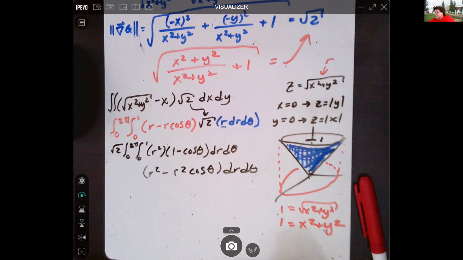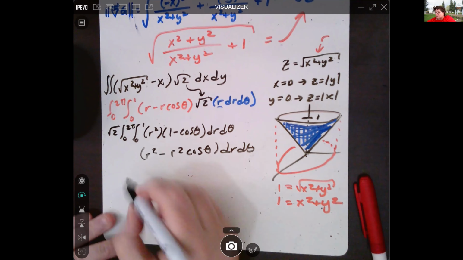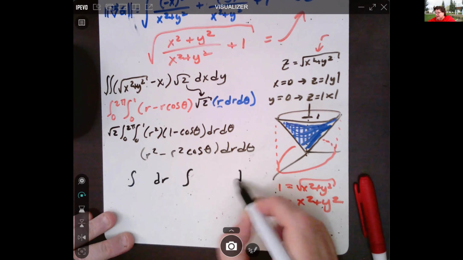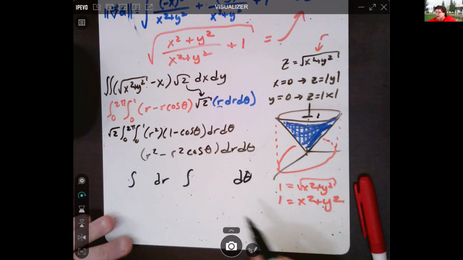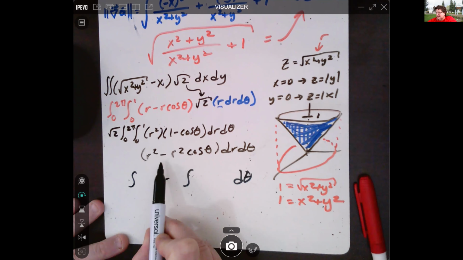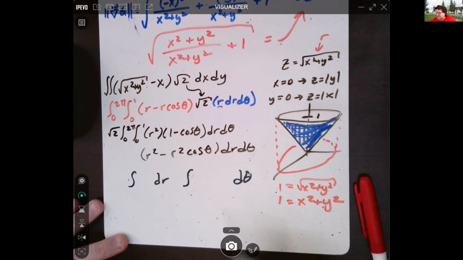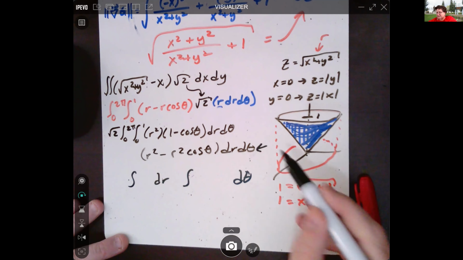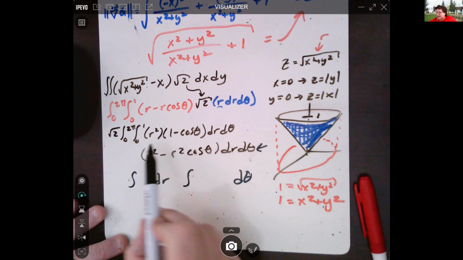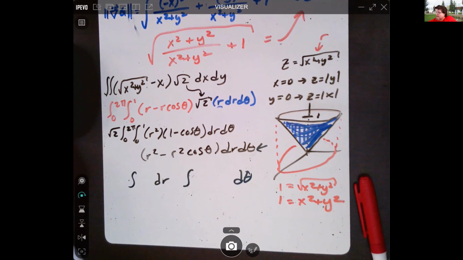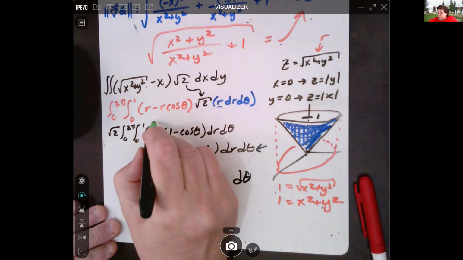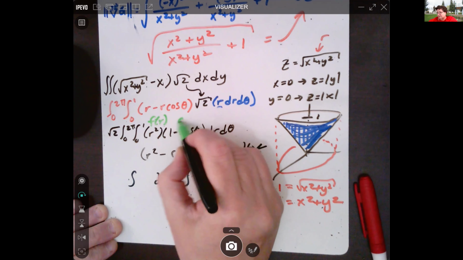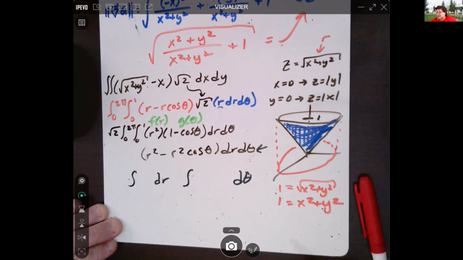When one of these I can write as a function of dr and a function of d theta, the other one I cannot, the way it is. With the minus sign between them, I can't break this up into a dr integral and a d theta integral on this line right here. That line doesn't transition well. But when I've made it a product like I did up here, this is a function of r only, f of r, and this is a function of theta only, g of theta.